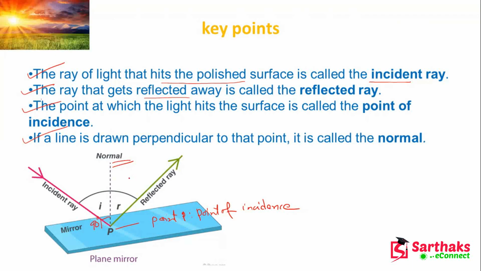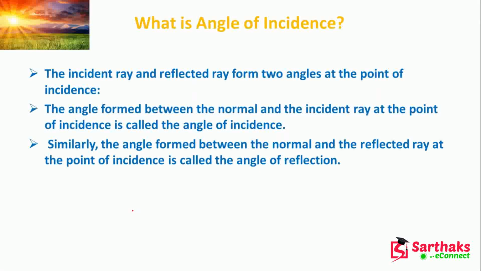So if I draw one imaginary line perpendicular to the plane mirror, perpendicular to this surface, it will be our normal. Now, what is the angle of incidence?